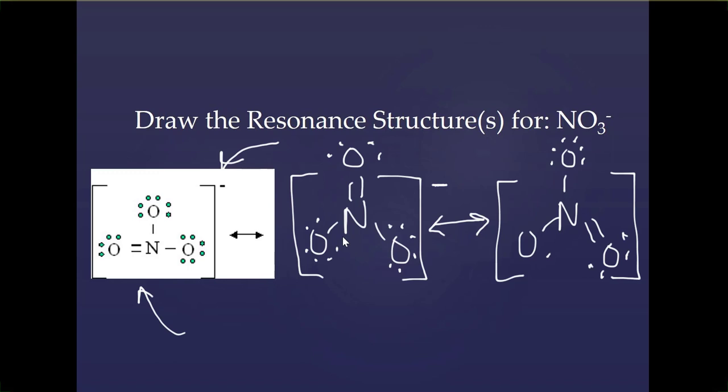So again, you have some moving of the electrons in that double bond around the molecule. It might be on the left-hand side, going up, or on the right-hand side. But these are the three resonance structures of nitrate. Just one doesn't represent what's going on with the molecule. You actually do need to draw all three of them. The actual structure of the molecule is a blend of all of these.